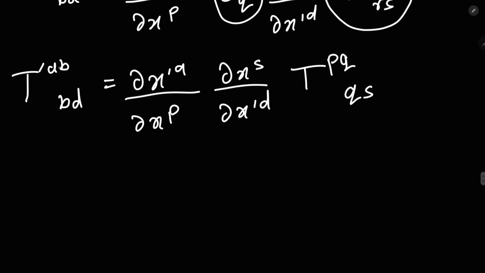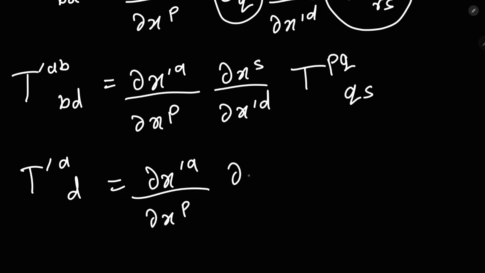Since this B is summed over, I can write this as T' AD like I defined before, and this is equal to del x' A upon del x P, del x S upon del x' D, and here Q is contracted, so it is T^P_S.